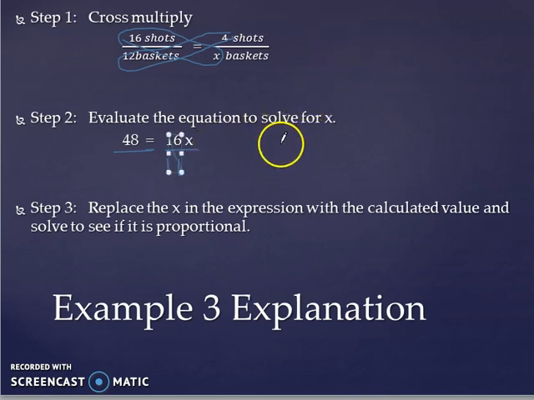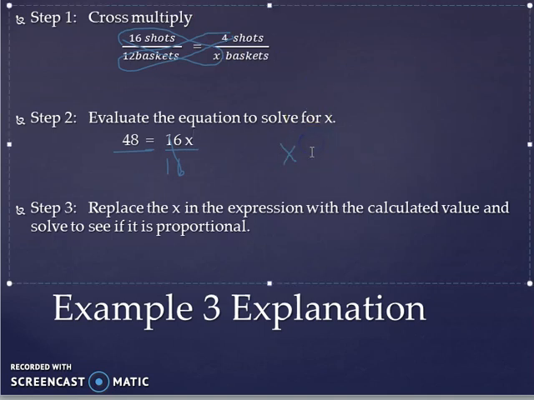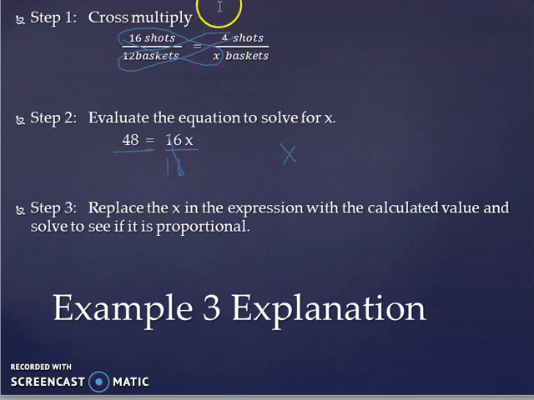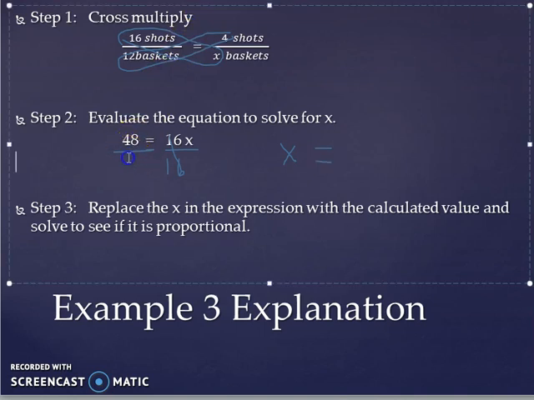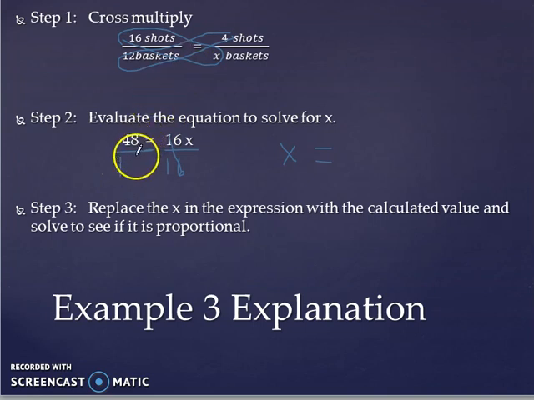So at this point, I have just x. And x is going to be equal to 48 divided by 16. And that's going to go 3 times.